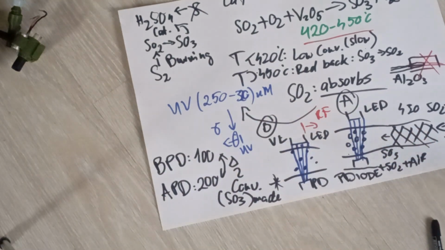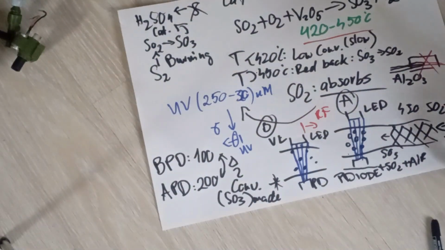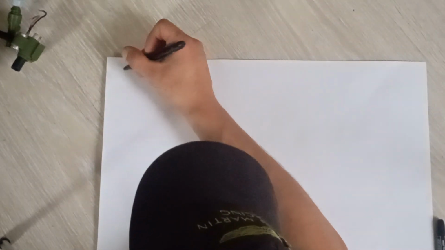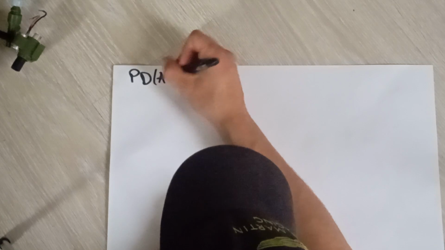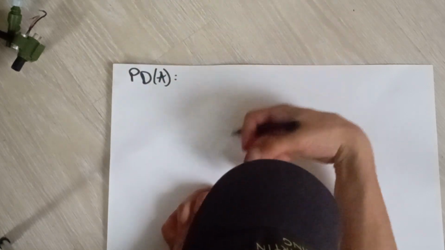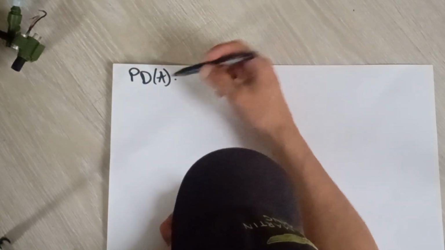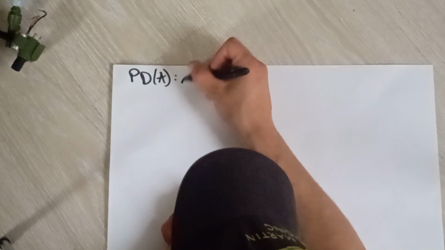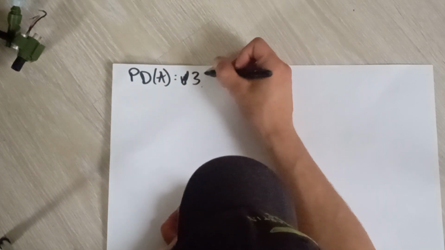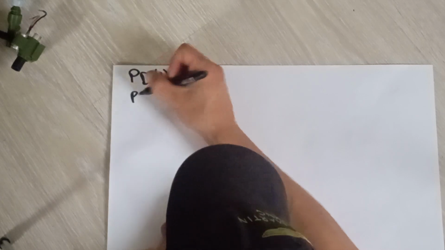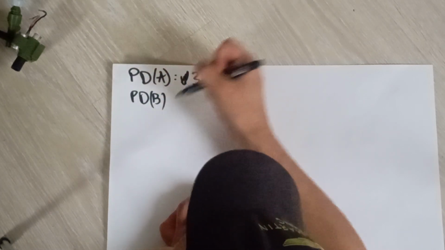Photodiode A, this is not after, this is photodiode A, has a dry number of, let's say, 360. Photodiode B is, let's say, 400 on dry.